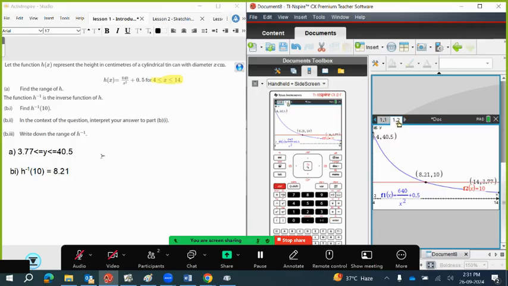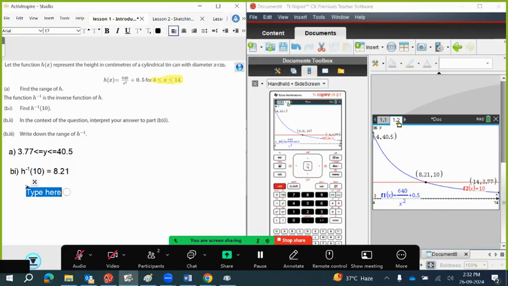So in the context of the question, interpret what the answer means. So we have to read the question a bit here. What does it mean in terms of the question? The original function represents the height in centimeters of a cylinder can with diameter x. So this is the inverse, where the diameter y is given by the height.